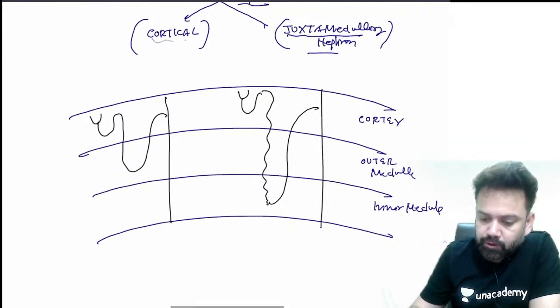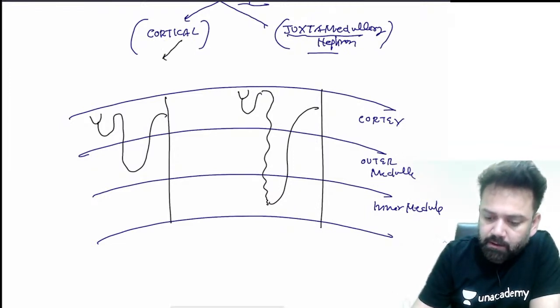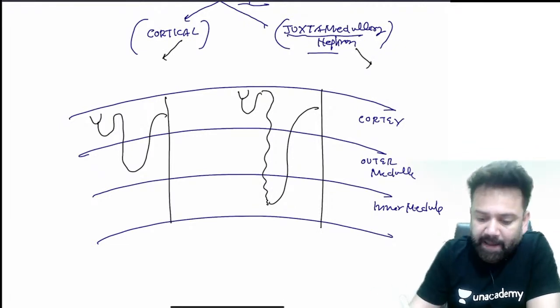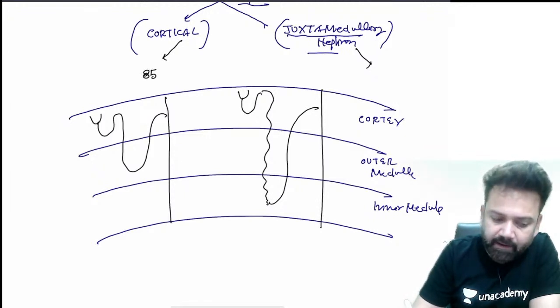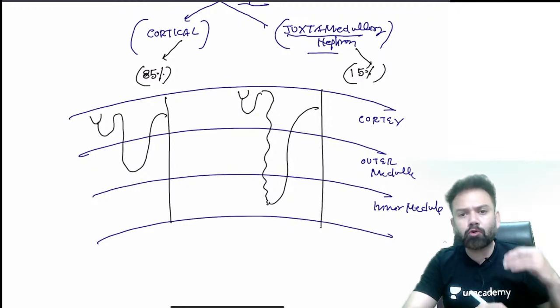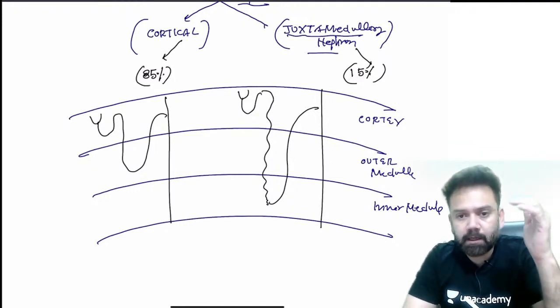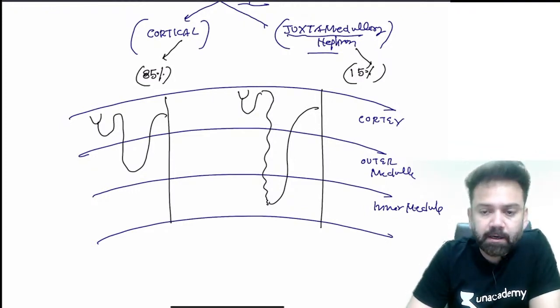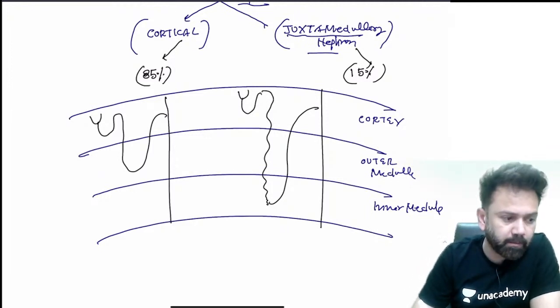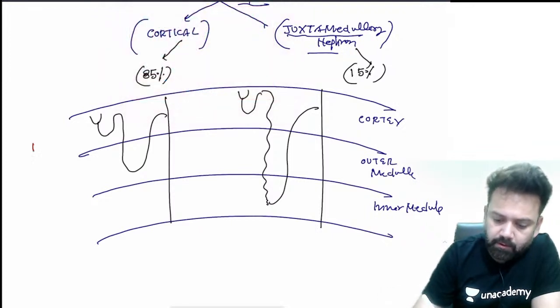So these are called cortical nephrons, these are called juxtamedullary nephrons, and around 85% of all the nephrons are cortical, only 15% are juxtamedullary. You know that most of the blood is in the cortex. In the medulla there is a scarcity of blood to maintain the corticomedullary gradient. Because they have most of the blood, you can write down: more blood supply is in the cortical nephron.